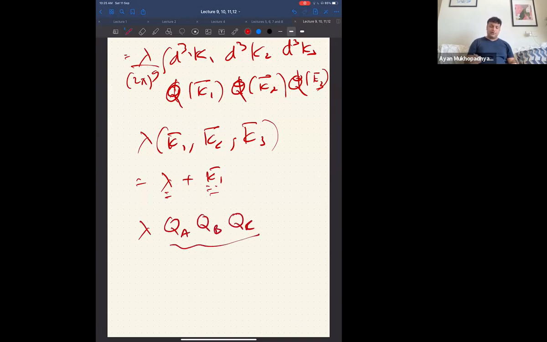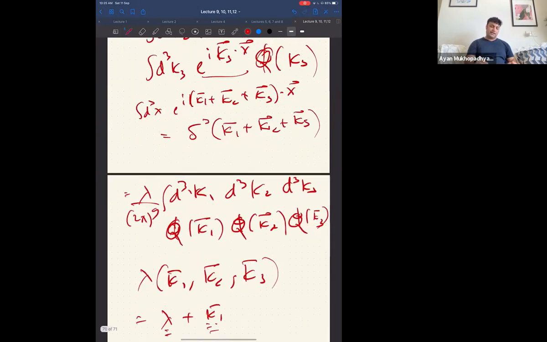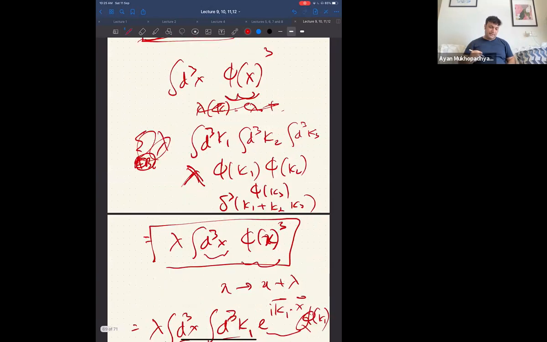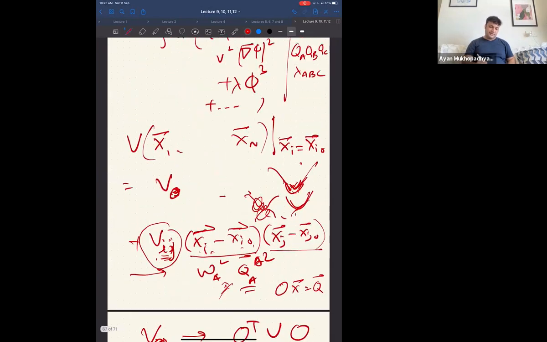And I assume some overall homogeneity, overall translational invariance, so I will automatically get this factor, delta cube k1, k2, k3. And then if I expand it, I get the next term in my field. So that's the logic by which I'm doing a systematic expansion in k. A similar logic appeared here also when I wrote the first term.